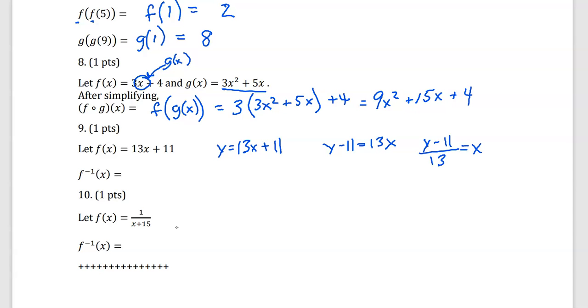Now, any function that I feed here and get an answer, it will give me back x. So, I just switch x and y to get the inverse, and basically I'm just saying, what you feed me I'm going to call x instead of y. So, inverse equals x minus 11 over 13.